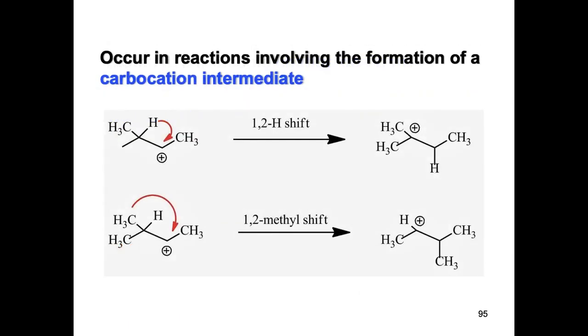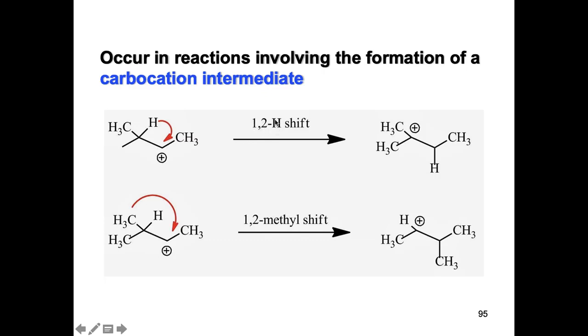Next, rearrangement reaction also occurs in reactions involving the formation of a carbocation intermediate. Okay, let's have a look at this hydrogen. Initially, this hydrogen and this carbon, we call it a carbocation.